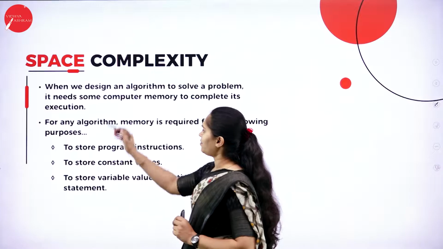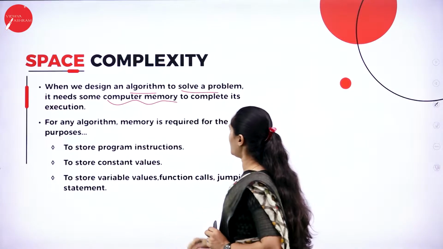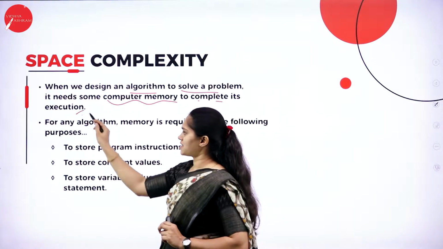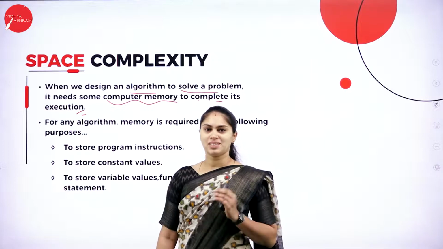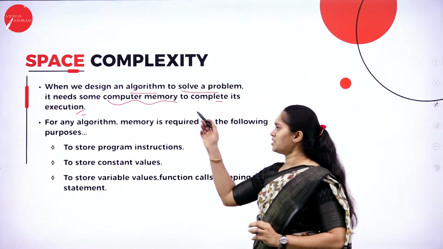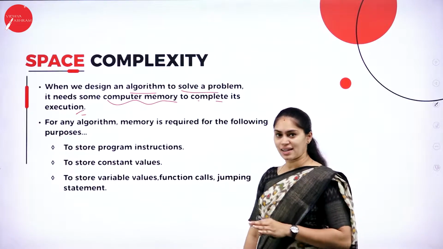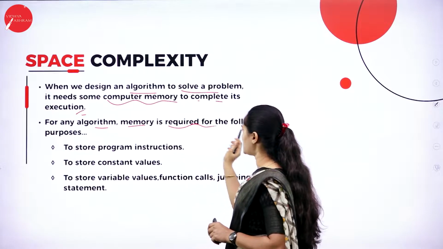When we design an algorithm to solve a problem, it needs some computer memory to complete its execution. Already we know that when we want to start or stop the execution of any algorithm, it requires some of the computer's memory to complete the task. So for any algorithm, memory is required.